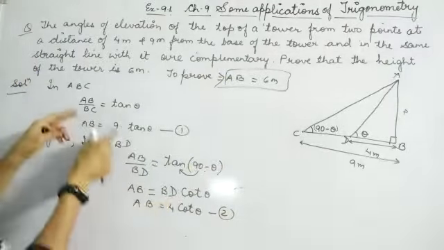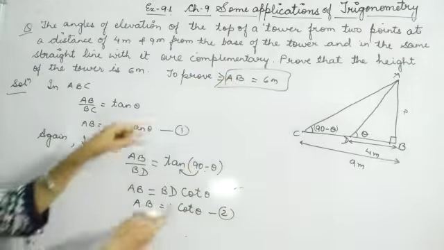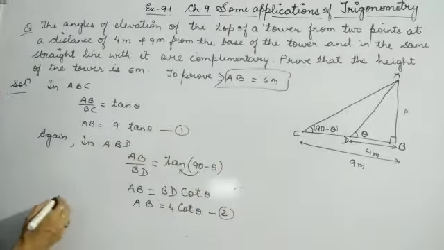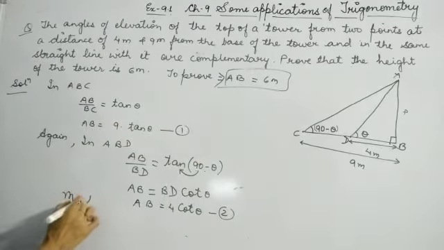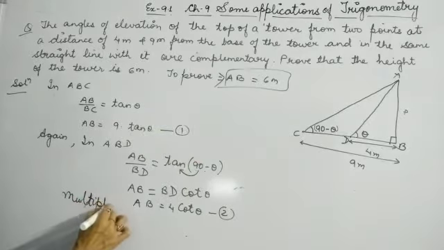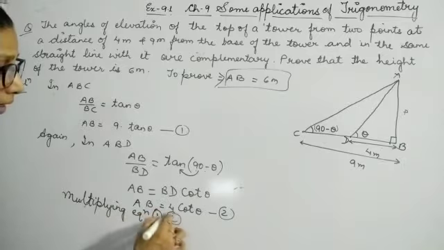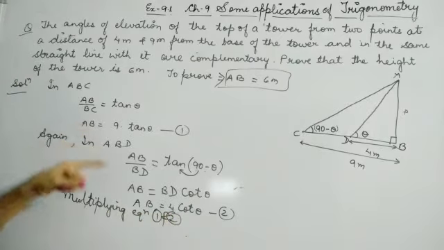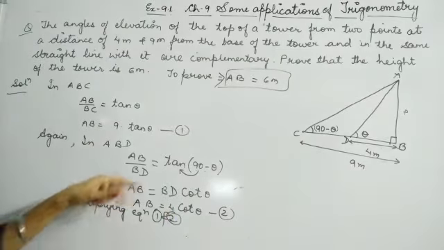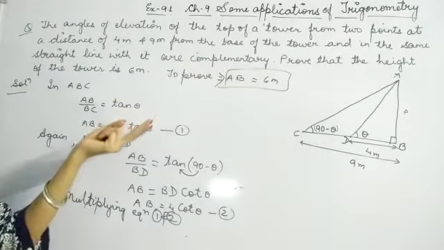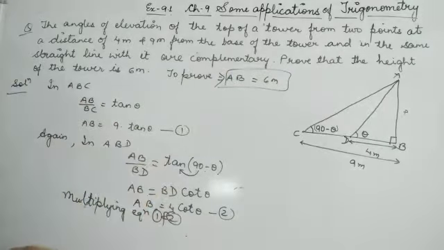So I will not be replacing the value of AB over here, but I will be multiplying equation 1 and 2. Why I have done so? Because if I replace AB with this, then AB will go away from the equation and then we will not be able to prove AB equal to 6 meters. That's why I am multiplying equation 1 and 2.